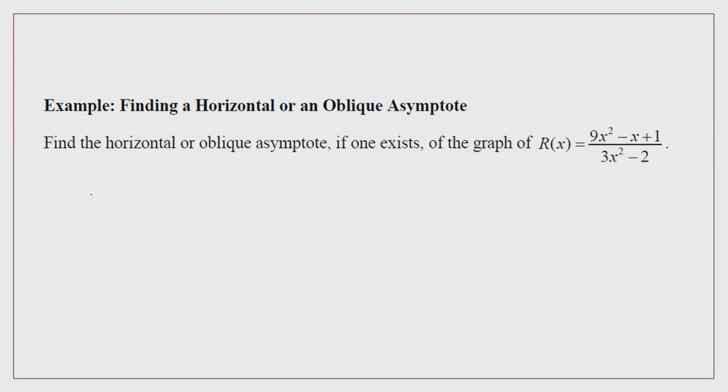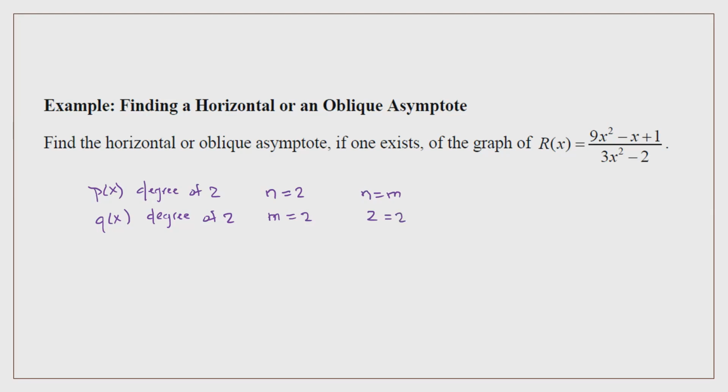So let's first find our degrees. p of x has a degree of 2. q of x has a degree of 2. So n equals 2 and m equals 2. So n equals m because 2 equals 2.